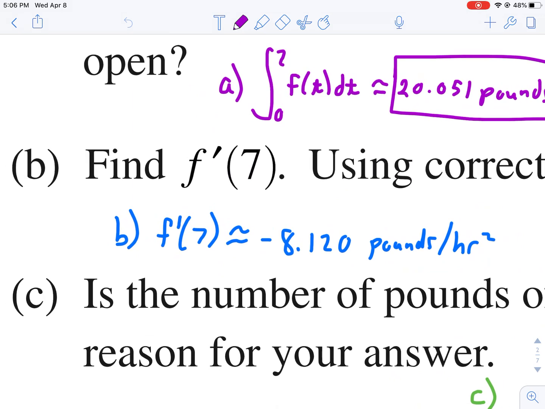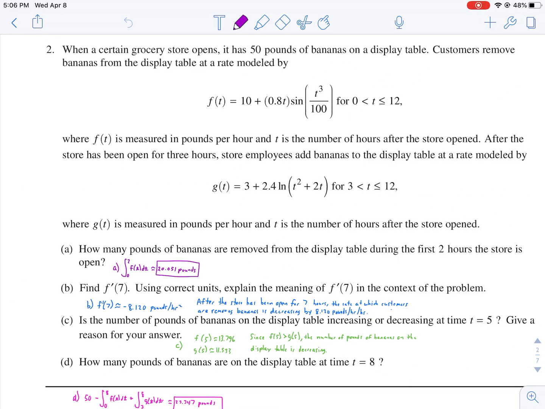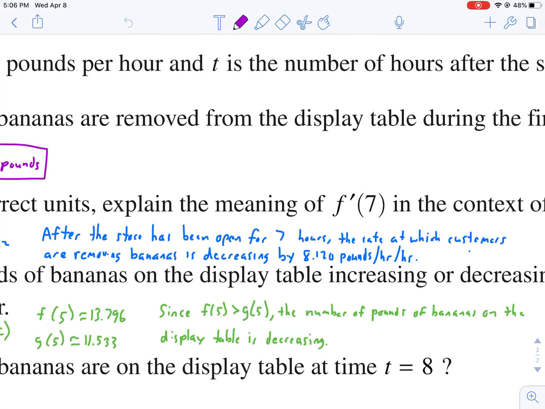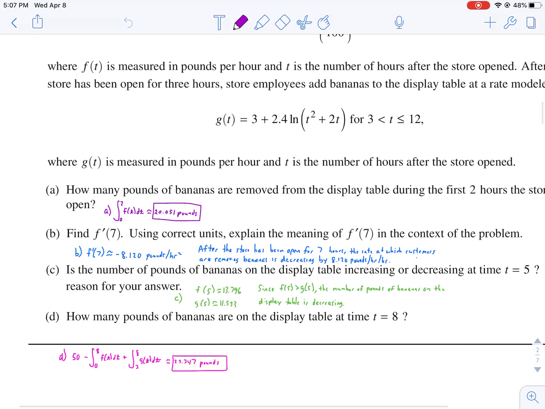And that's the rate of change of how fast the bananas are being removed by the customers. So it says after the store has been open for 7 hours, the rate at which customers are removing bananas is decreasing by 8.120 pounds per hour. So every hour, the rate is decreasing by 8.120 pounds per hour at the moment t equals 7.